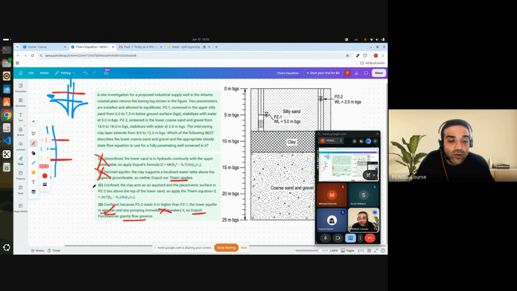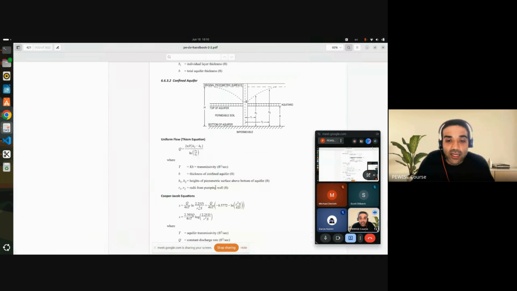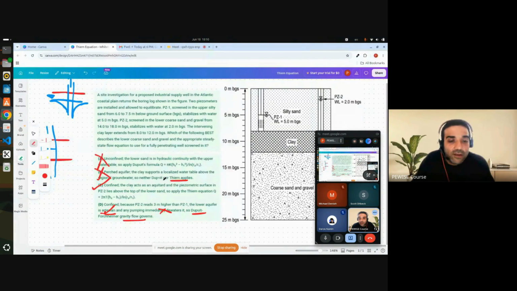So the correct option is option C. It reads confined. The clay acts as an aquitard. That's correct. And the piezometric surface in PZ2 lies above the top of the lower sand. That's correct. So apply the Thiem equation. Yes, that's exactly right. This is the equation that we should use from the reference manual if we had a numerical problem. Is there any question on confined and unconfined aquifers?